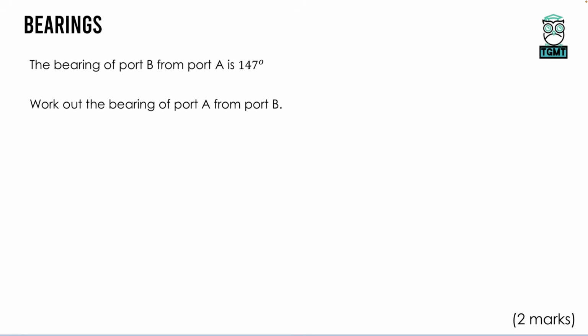So if I was to draw port A somewhere here and draw in a north line, 147 degrees is past 90, which would be just here, but before 180, which would be vertically down. So let's just imagine it's over here somewhere, and that there is port B. And I'm going to label that 147 degrees.